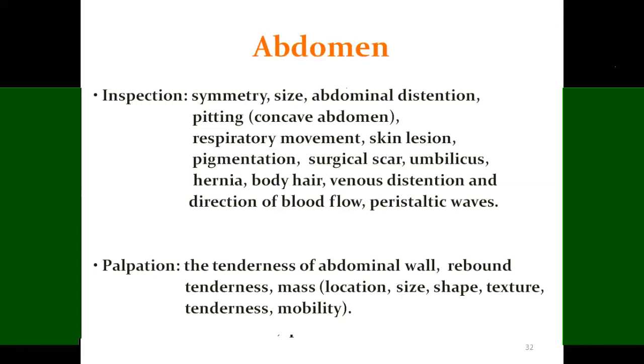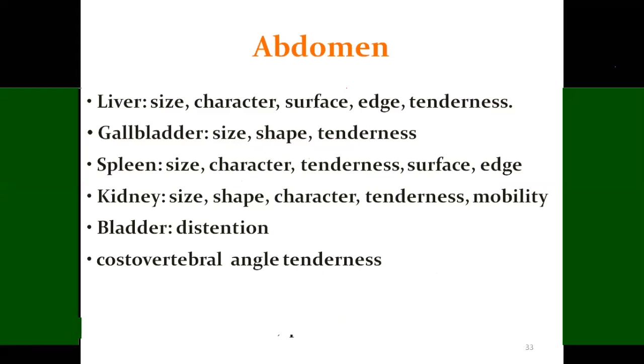Palpation: the tenderness of the abdominal wall, rebound tenderness, mass, and then location, size, shape, tenderness, mobility. All this is what we aim to check in palpation of the abdomen. And also in the abdomen, you have to write in the medical record the liver size, characteristic, surface, edge, tenderness.